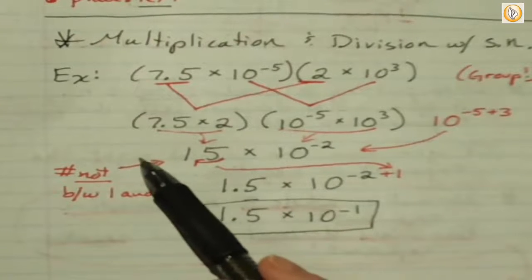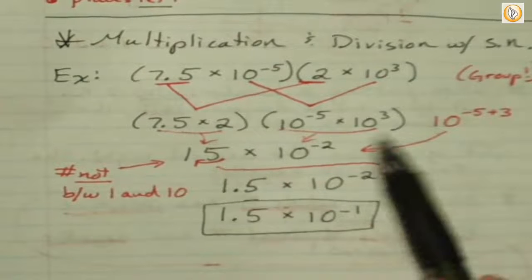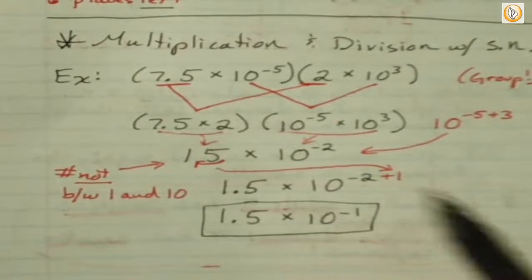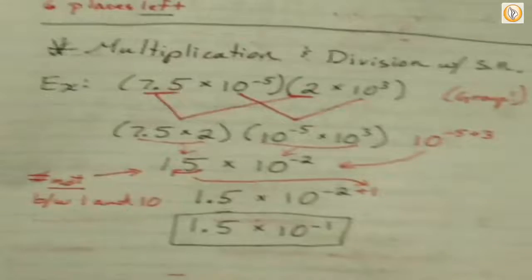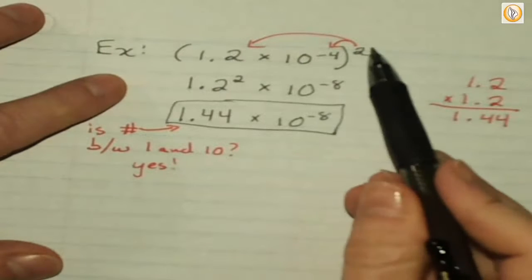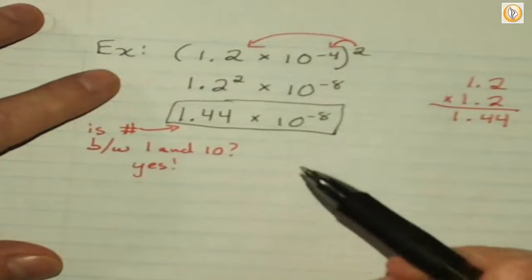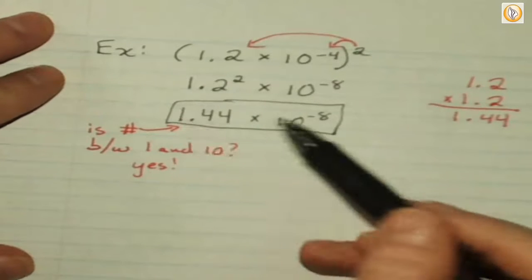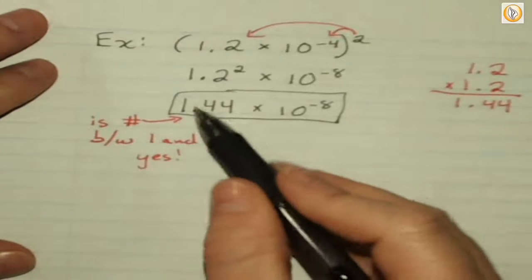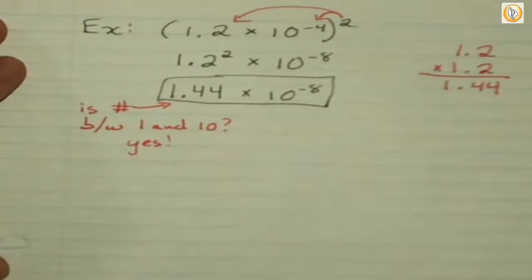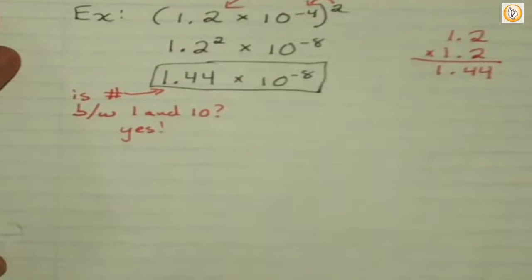If we had to move it this way, we would be doing -1 or -2 and combining it. In this case, it's just you square everything inside the parentheses, finish this out, and then there you go. Make sure this is in scientific notation. You're good to go. Any questions?